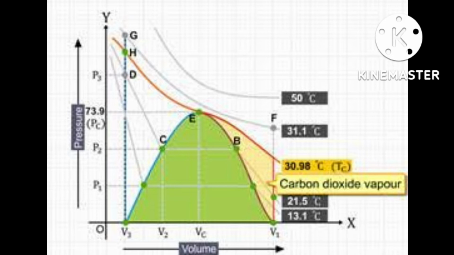The gaseous molecules were coming close to each other, and as they came close and the temperature was also decreasing, a situation came where gas was converting to liquid, and again liquid was converting to gas, meaning equilibrium developed.